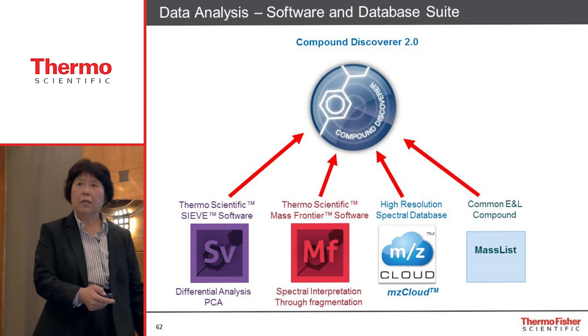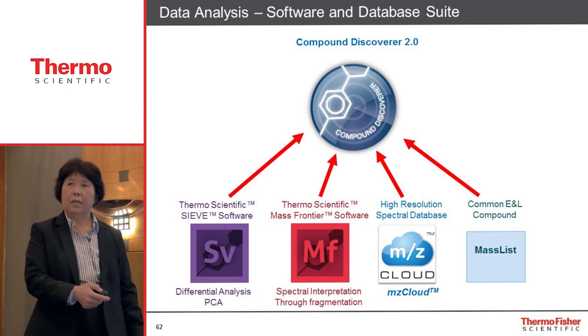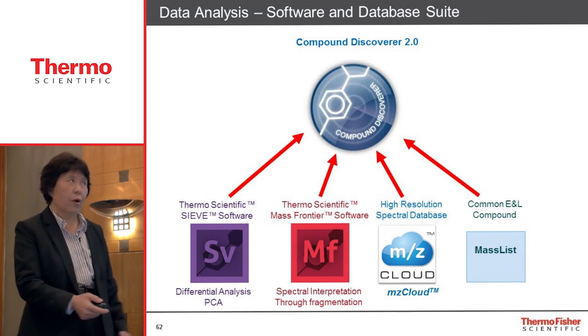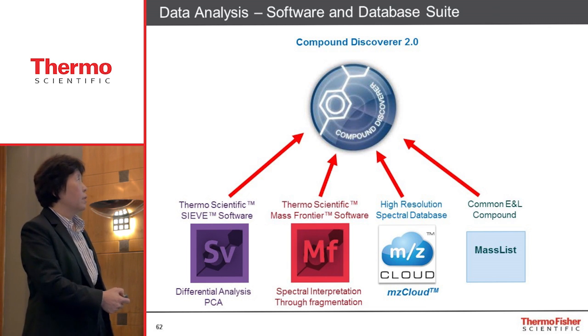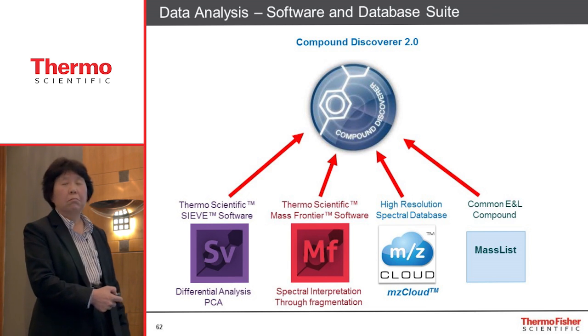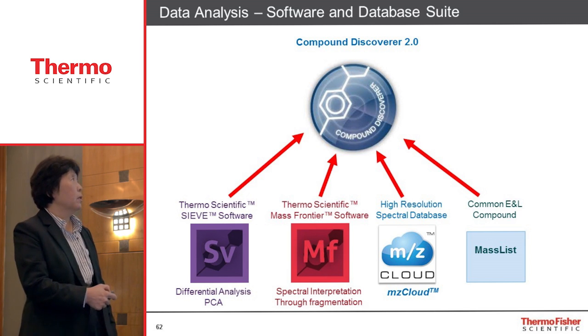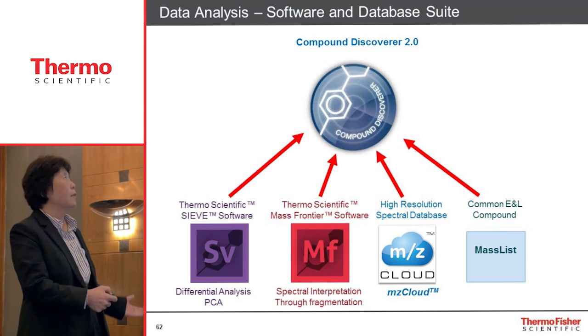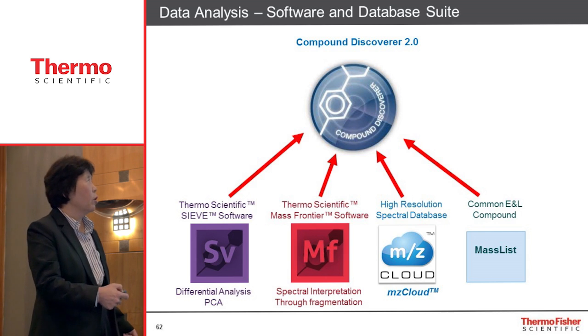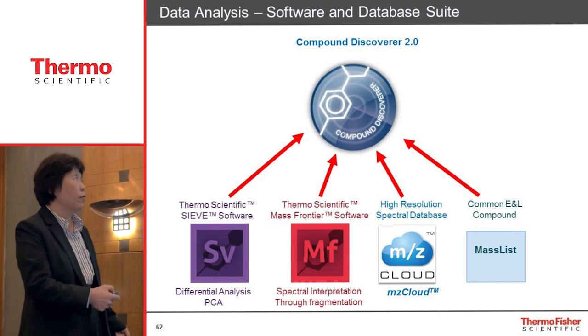Normally, data processing is always a bottleneck. With Compound Discoverer 2.0, bottleneck no more. This one is made by Thermo, with an advanced, customizable, very flexible workflow.